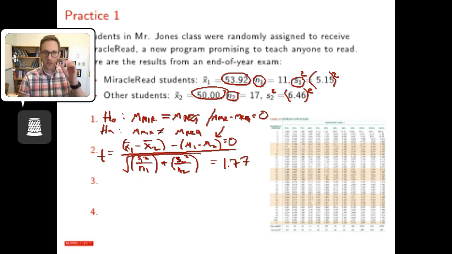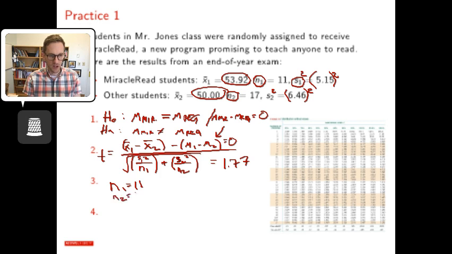So now for step 3, we need to calculate our degrees of freedom. When we're saying with unequal variances, Stata would do this for us, but we can approximate it by taking the smaller of the two sample sizes and subtracting 1. In this case, n sub 1 equals 11 and n sub 2 equals 17. So let's take the smaller, n sub 1, subtract 1, and we'll say our degrees of freedom are 10.